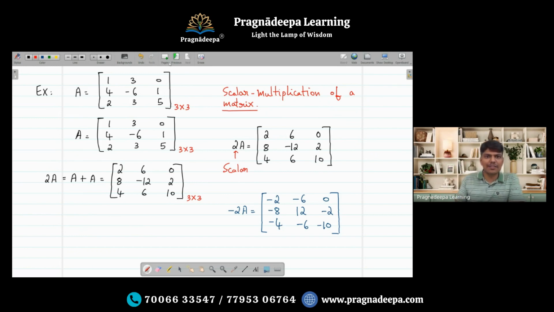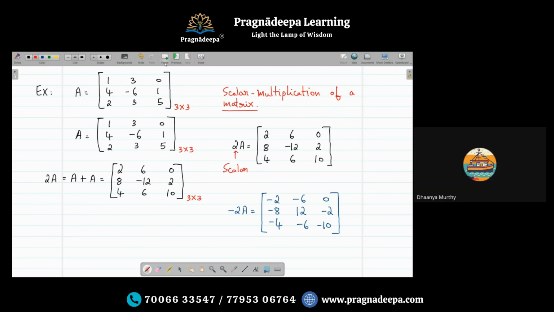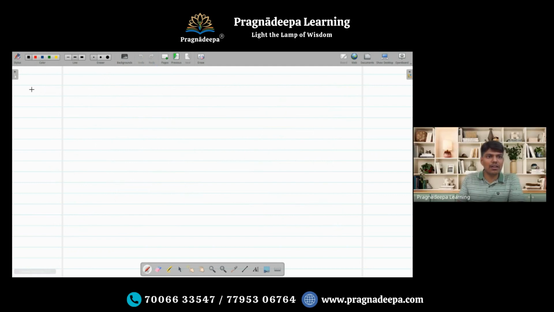Shall I give an example? One more example for scalar multiplication of a matrix. Yes, sir. Okay, let me give an example of a rectangular matrix. Say matrix A is equal to 2, 3, minus 1, 0, 4, 5. So what is the order of this matrix? The order of this matrix is 3 cross 2, correct?